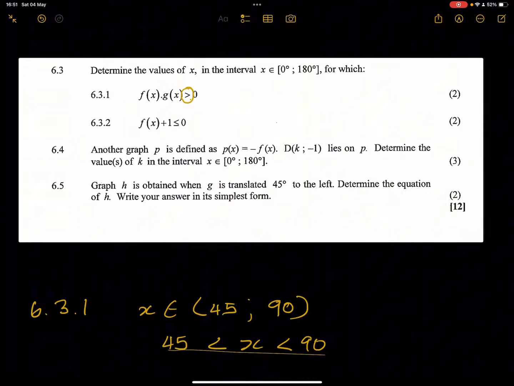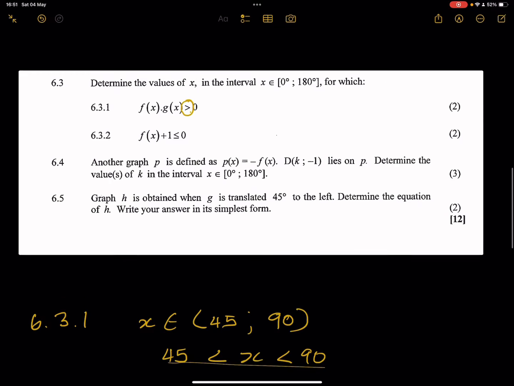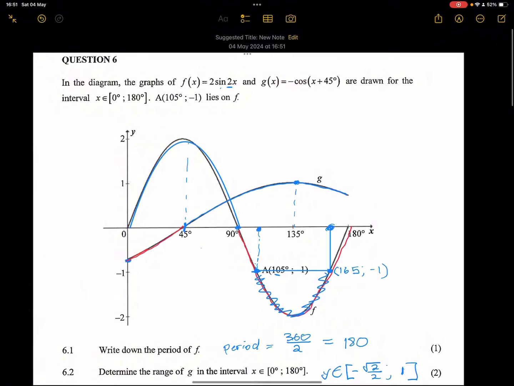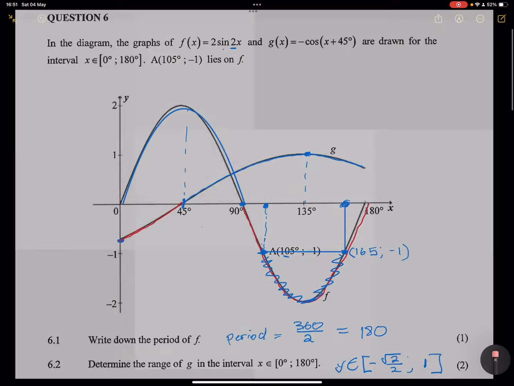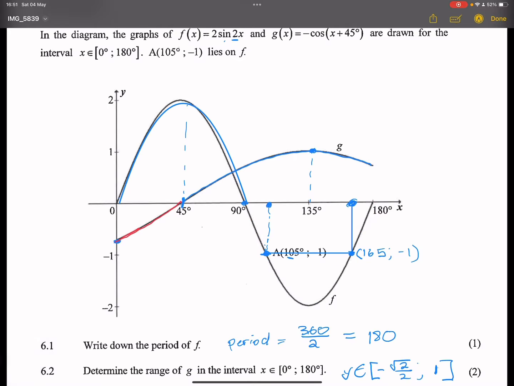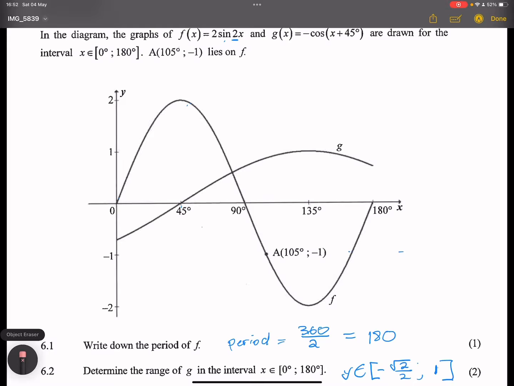Now, the graph of P is related to the graph of f. The difference between f and P is that we have taken the graph of f and reflected it around the x-axis, because I've changed the sign. So in a sense, this is the kind of graph that you would observe.